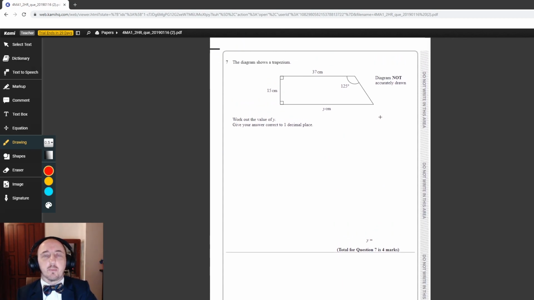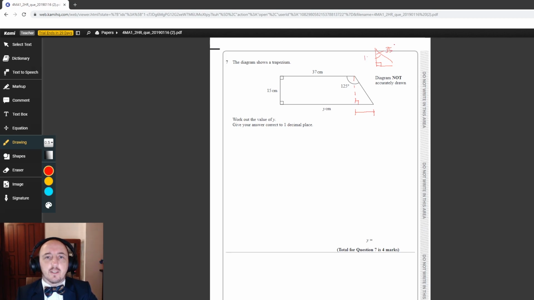Question 7 has a trapezium and we're tasked with finding the length y. So whenever you see these complicated shapes, we can break them down into triangles and rectangles, and that will allow us to use trigonometry to work out this length here. So we have 90 from 125. Let's just draw this triangle again here. We've got an angle in there of 125 minus 90, which is 35 degrees.